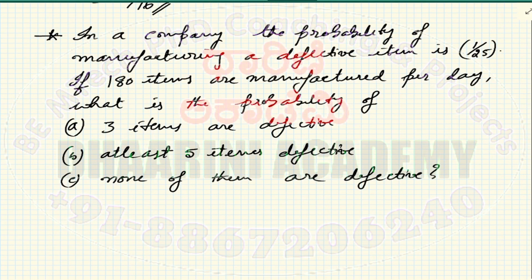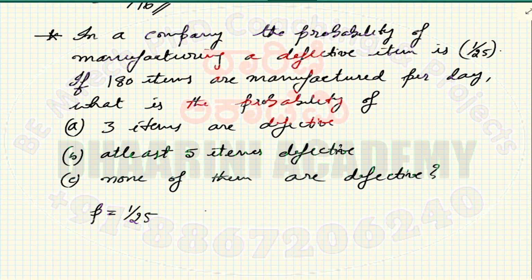So here we can see that the experiment here is to find out a produced item, manufactured item is defective or not. So being defective is what you are looking for. So it's mentioned that probability of that, we give it as P, is 1 by 25.